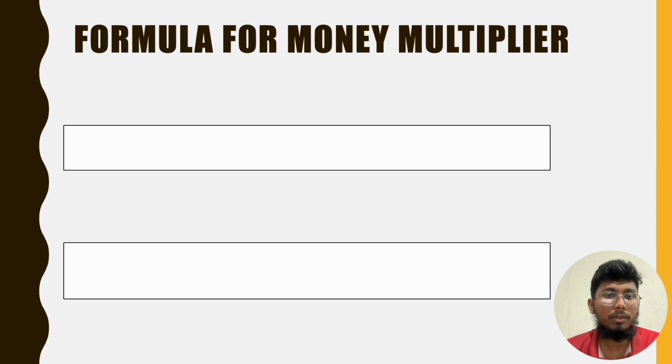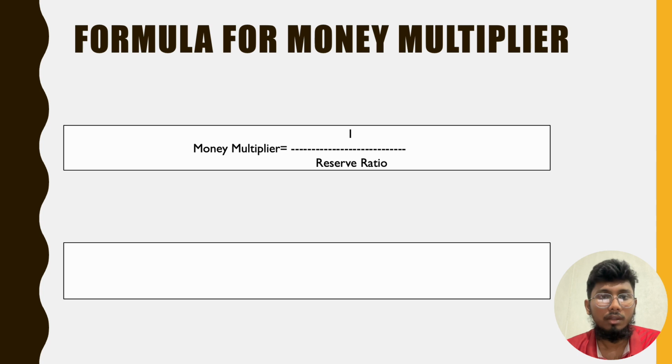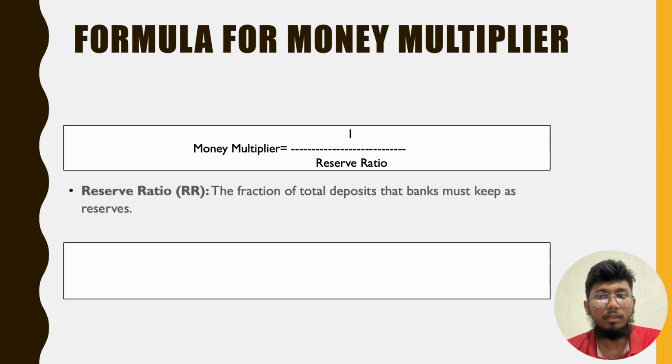Then we'll try to know the formula for money multipliers. What is the formula of the money multiplier? The formula for the money multiplier is 1 divided by the reserve ratio. So, what is the reserve ratio? A reserve ratio is the fraction of total deposits that banks must keep as reserves. We can make an example. Let's take a reserve ratio equal to 10%.